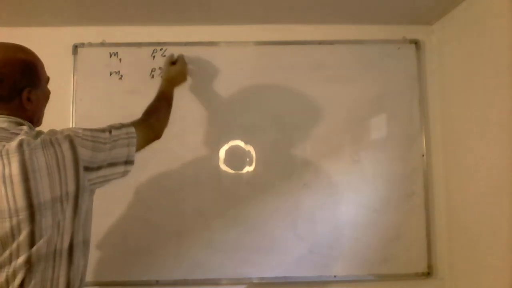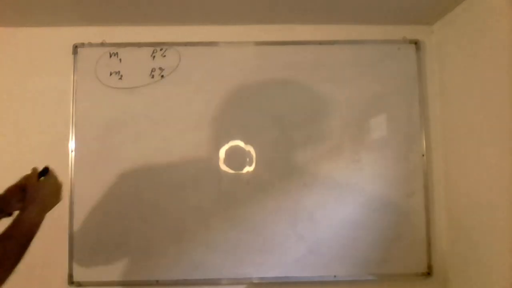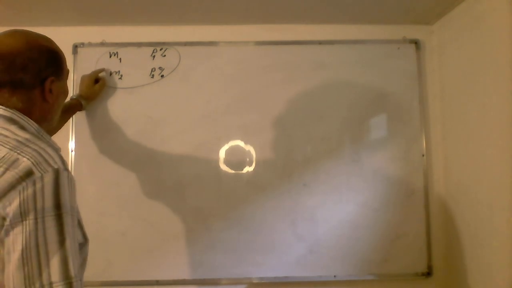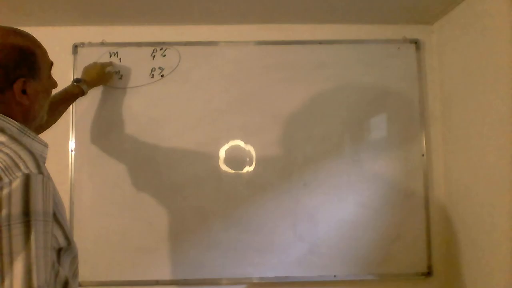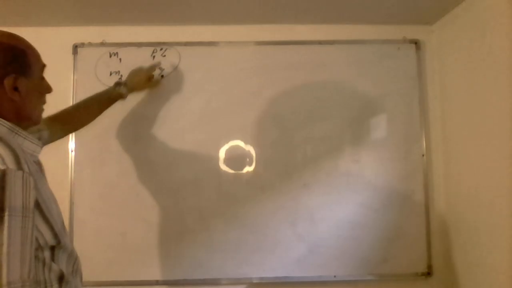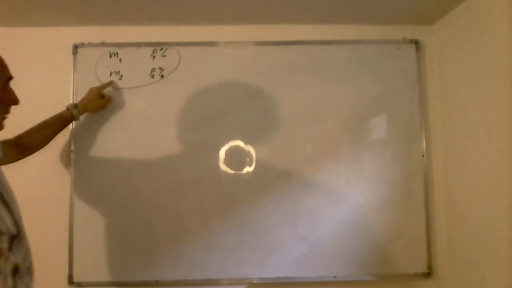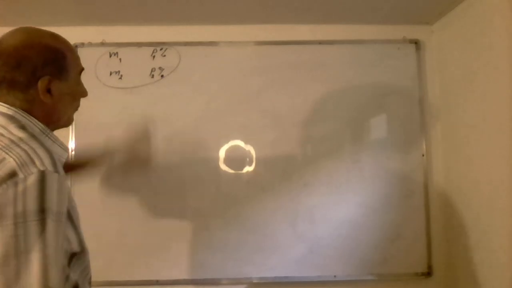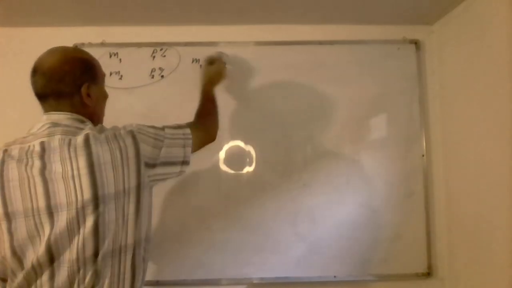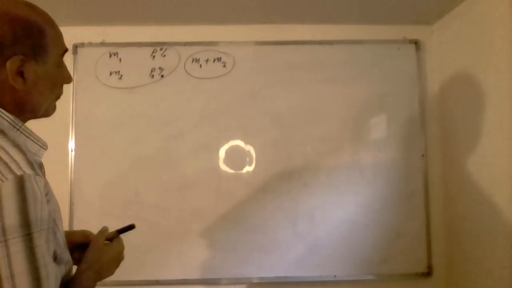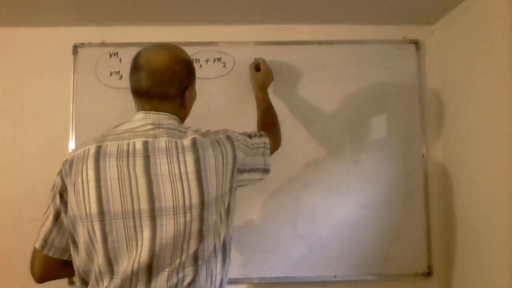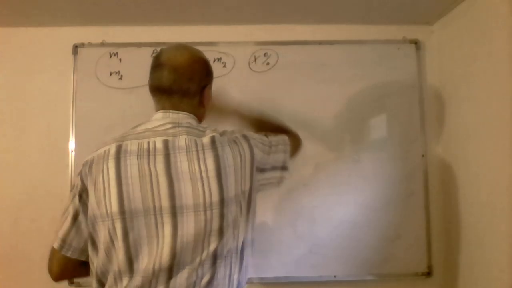What percent is this problem which we are solving now: M1 grams of a P1 percent solution is mixed with M2 grams of a P2% solution, and then we get M1 plus M2 grams of mixture.